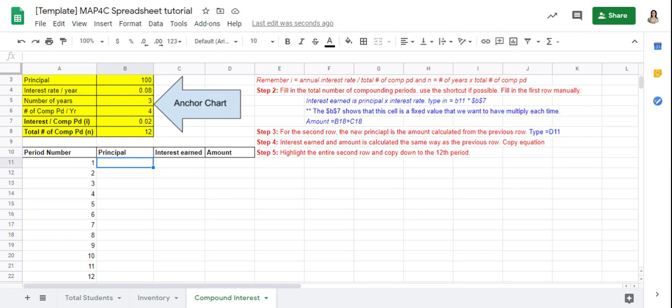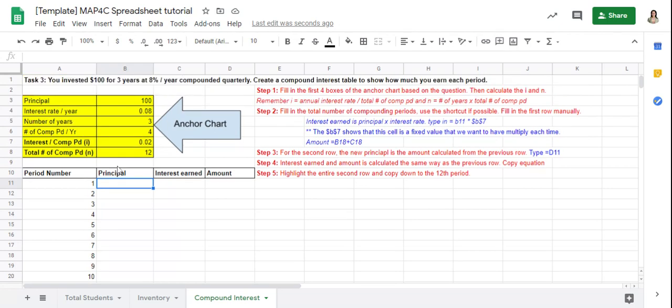The principal originally starts at $100, and for us to find the interest earned on the basic principal, we're going to take the principal, which is in B11, and we're going to multiply it by our interest per compounding period. This cell would be B7. But B7 will never change.